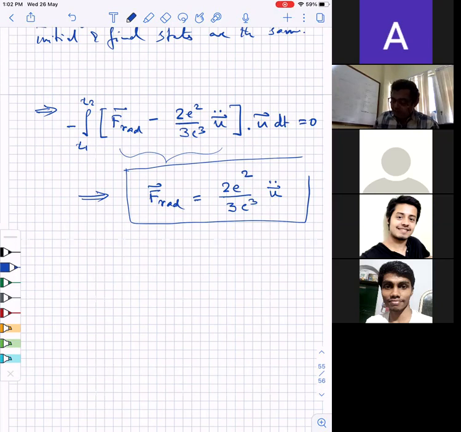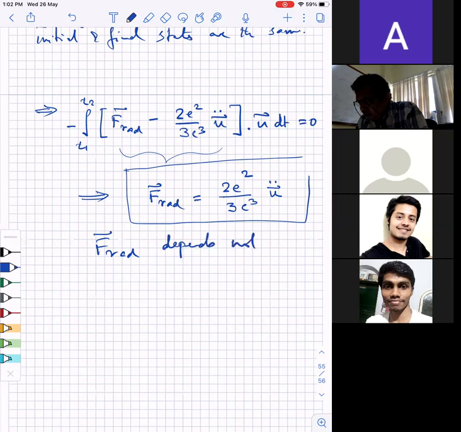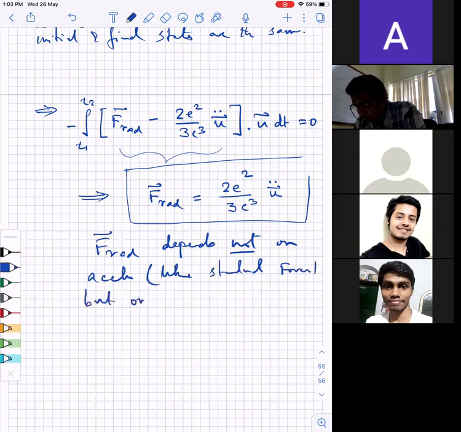So your F_rad depends not on acceleration like standard forces, but on the rate of change of acceleration.